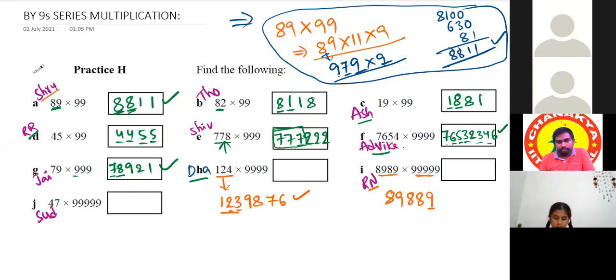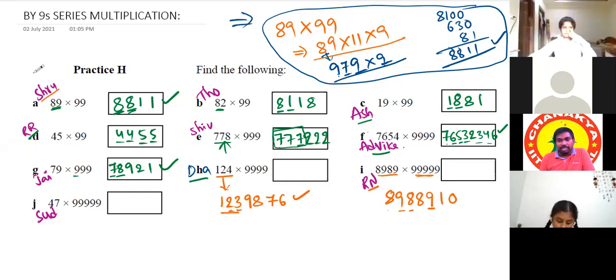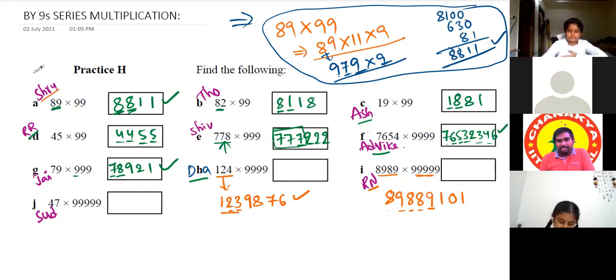So 9 minus 8 is 1. And 9 minus 9 is 0. And 9 minus 8 is 1. And 9 minus 8 is 1.